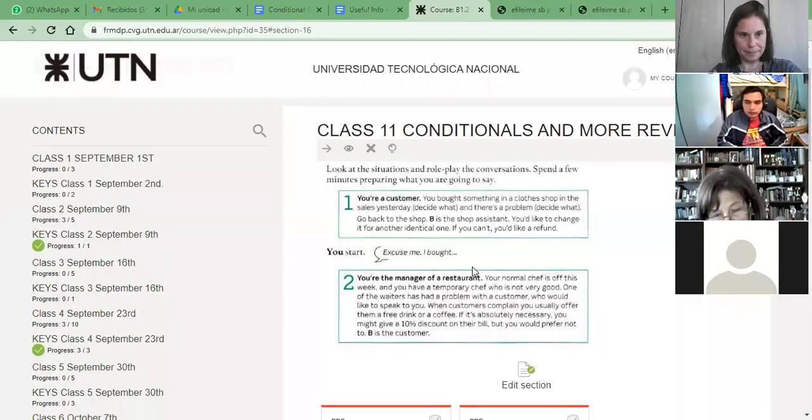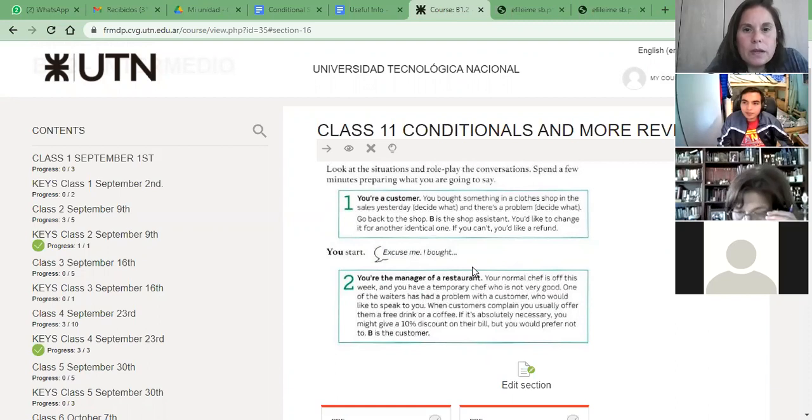So 1 second here. I'm going to share the screen now. Look at the screen. Can you see the screen? Yes. Good. So you're going to see that you have 2 situations there. We will spend some few minutes reading and deciding what you are going to do.